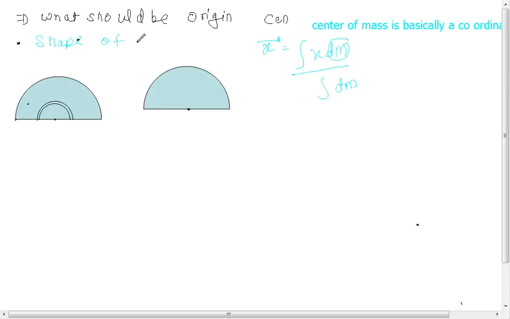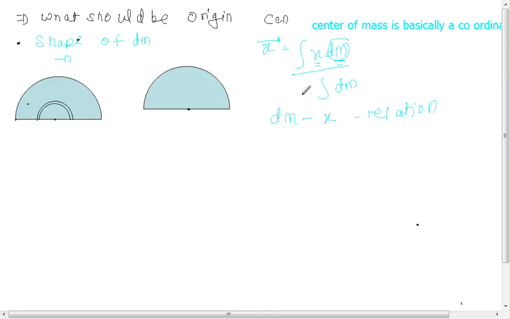After you determine the shape of dm, you have to find the relation between dm and x, because if you want to integrate it, then dm should be in terms of x.